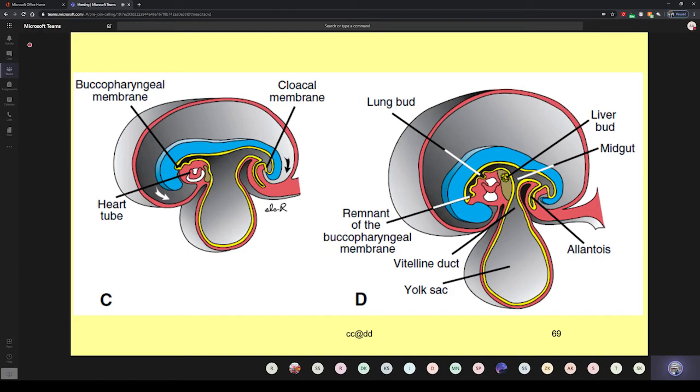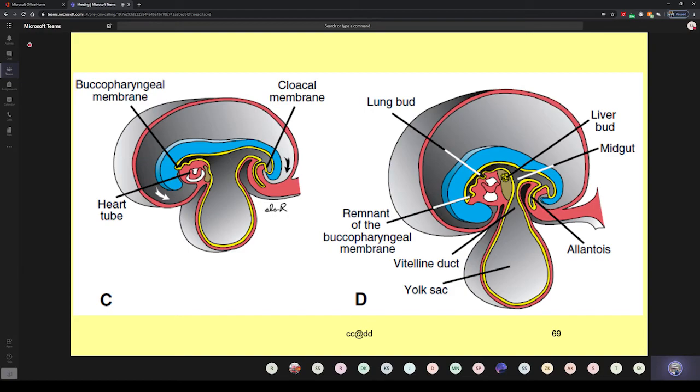And at the same time, the embryo is undergoing changes called foldings. There is a head fold, there is a tail fold, and there are two lateral foldings. The head fold and tail fold are responsible for incorporation of yolk sac to form gut tube, whereas the lateral foldings are primarily responsible for the formation of the body cavities.